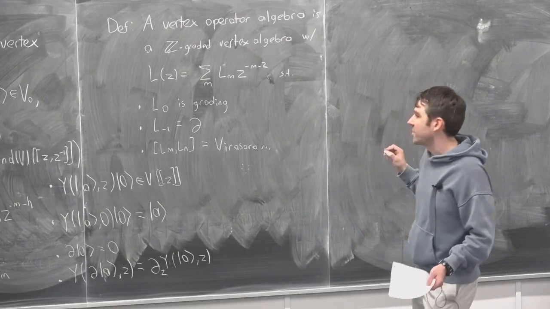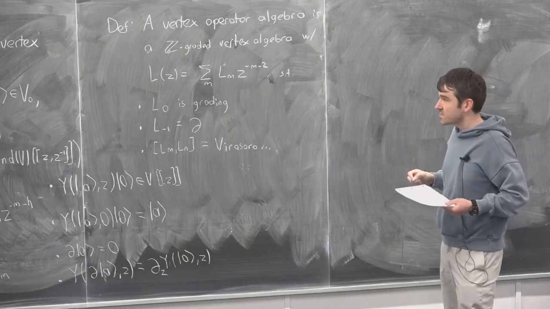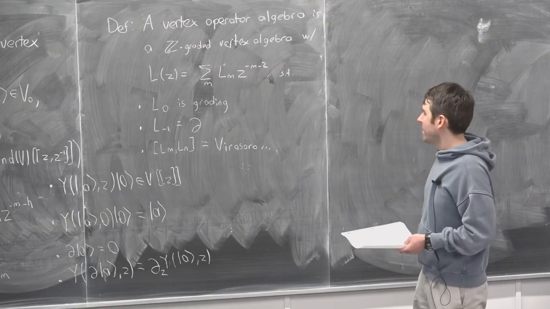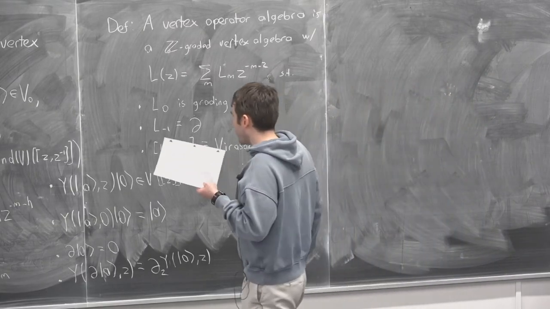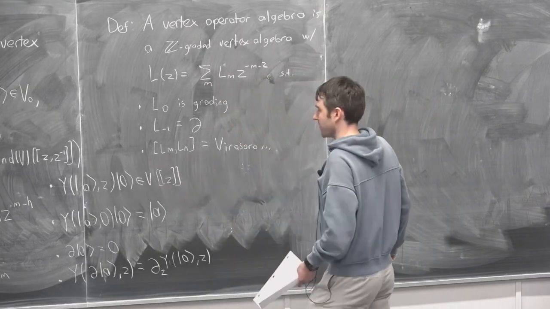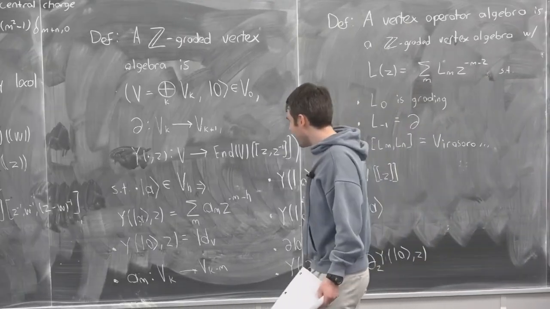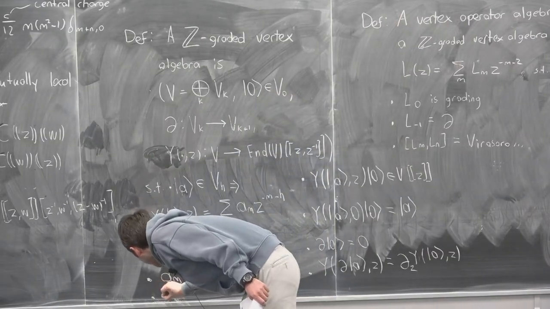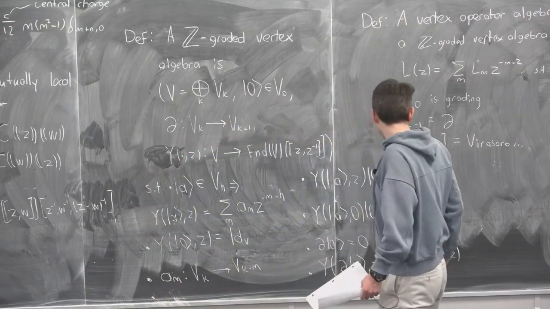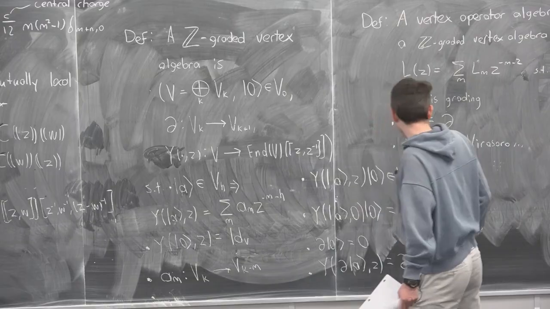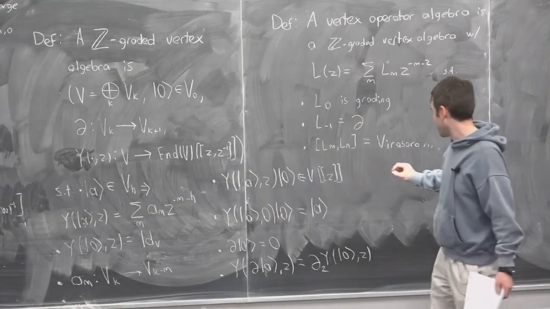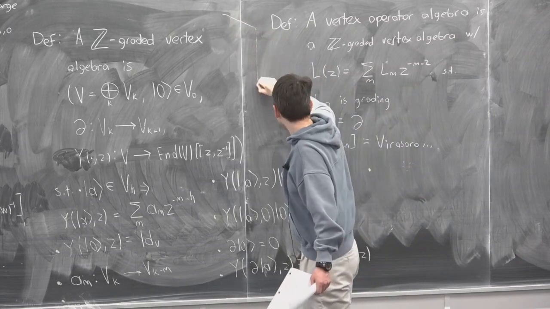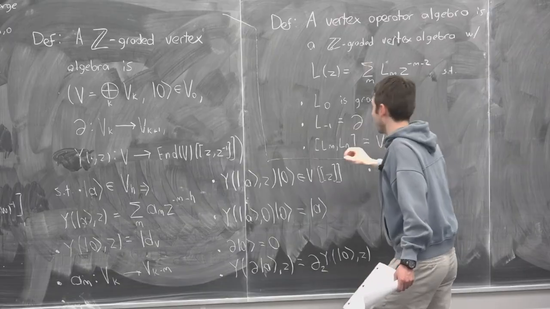So if somebody were to just hand you a vector space and asked you to, I still have not listed all the axioms. I guess I'll just specify that it's part of vertex algebra already.